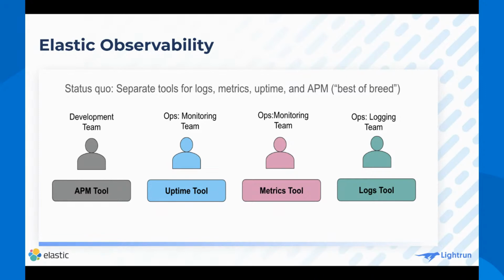In addition, you need an uptime tool that is usually used by the ops team to make sure that the services are actually up, that they are available when they need to be available, and to account for what happens when there are downtimes. But these are more advanced and more robust tools. In addition, you need a metrics tool, which is a very generic term for something that can be as specific as the CPU usage on a specific machine, or even the number of items in a specific queue somewhere in your system.